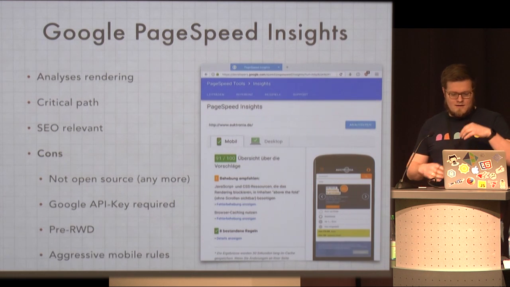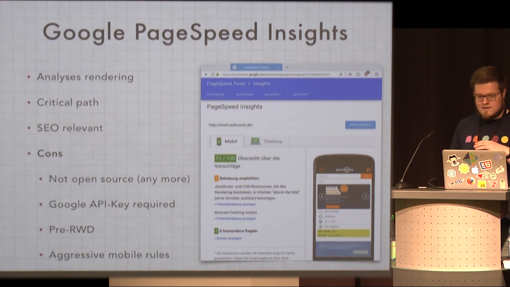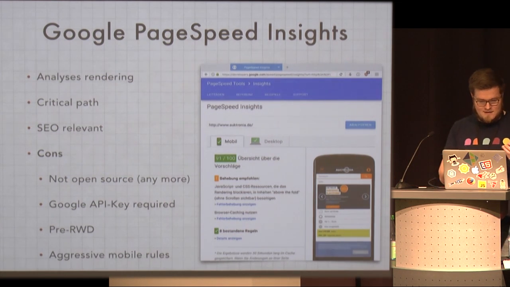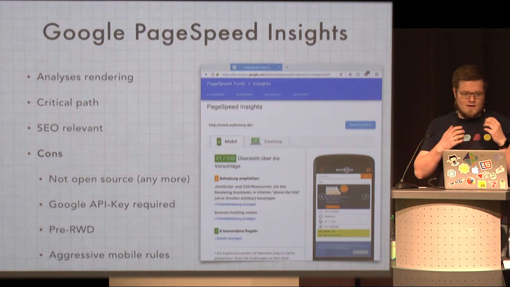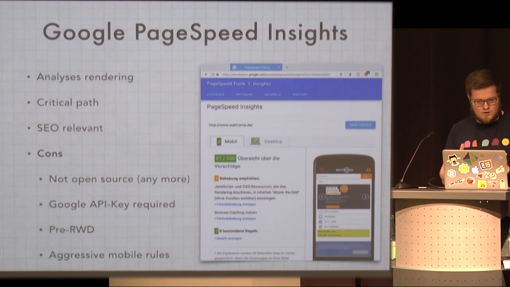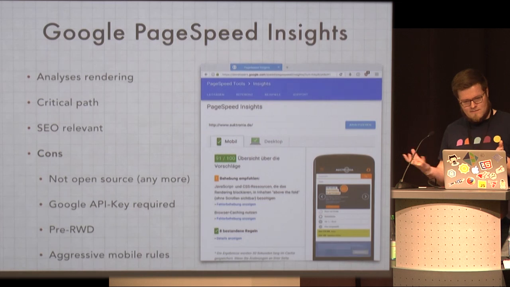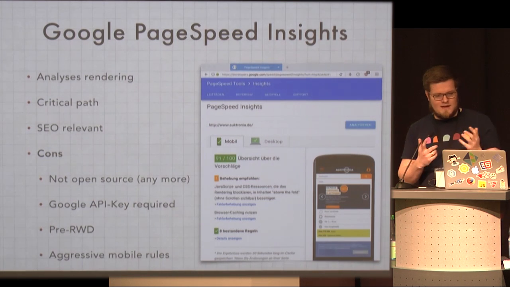They looked through your HTML and saw, okay, you have 20 CSS files at the top of your page that are all blocking, and these are bad things, and they give you recommendations based on the browser behavior and how browsers work. The PageSpeed project was open source at first, and then it got renamed to Google PageSpeed Insights.